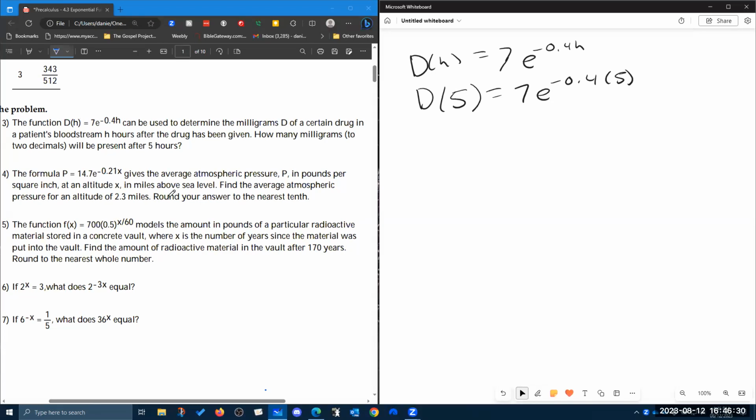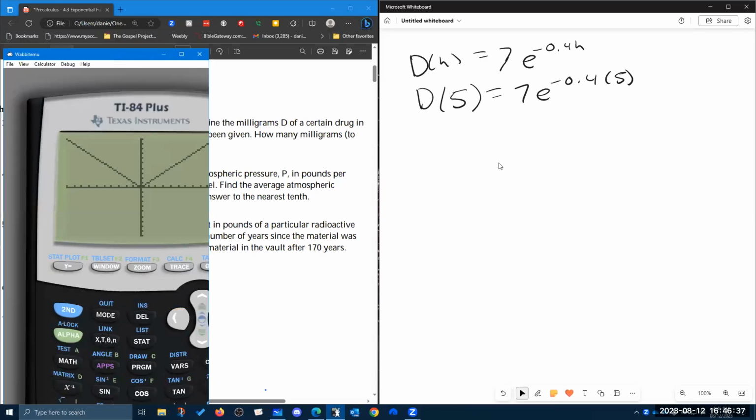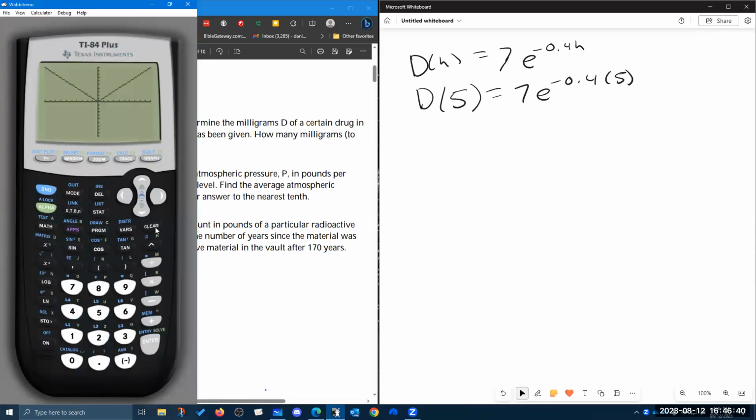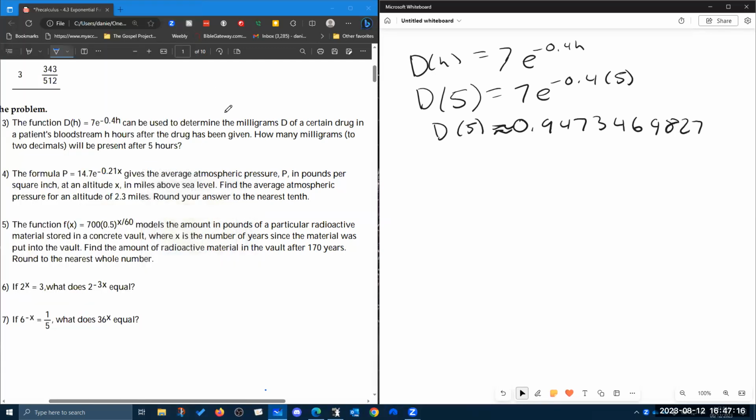And we're going to have to pull up our calculator to do this. 7 times e to the power of negative 0.4 times 5, and we get 0.9473469827, which I'll say is approximately equal to, because that last digit is rounded.